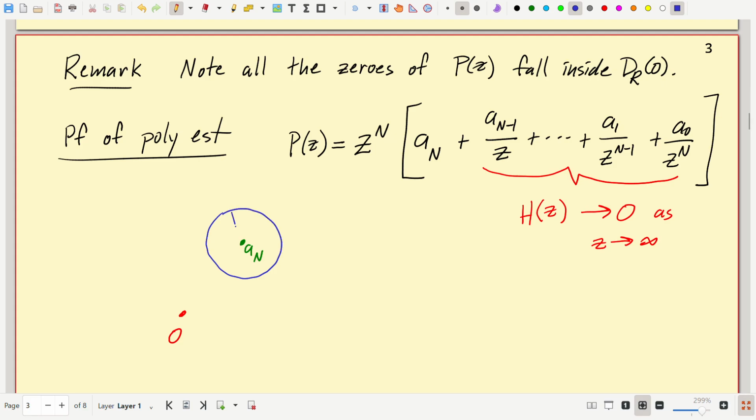Why don't I call this radius rho? I want my spot right here to be a_n plus h of z, that's the thing inside the square brackets there. h of z is going to 0, so I want it to be inside that circle of radius rho.